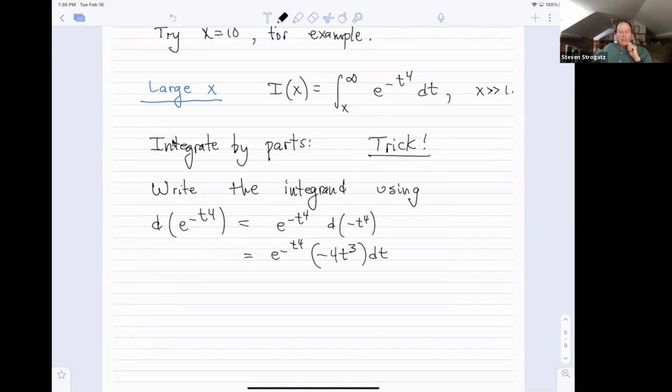So this looks like the integrand, except it's got this extra factor here. So let me pull that to the other side.